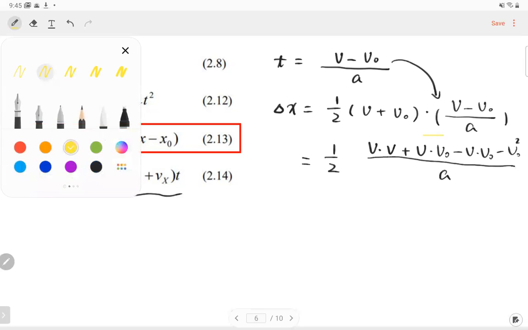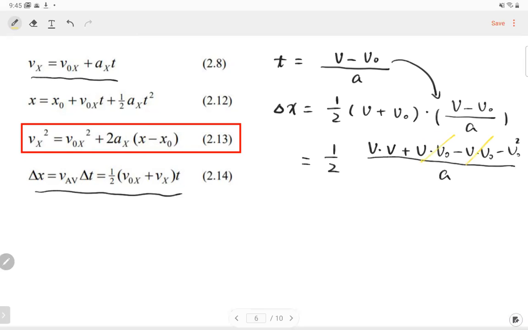And you will find that the v times v0 terms just cancel. So we have 1/2a times (v squared minus v0 squared).